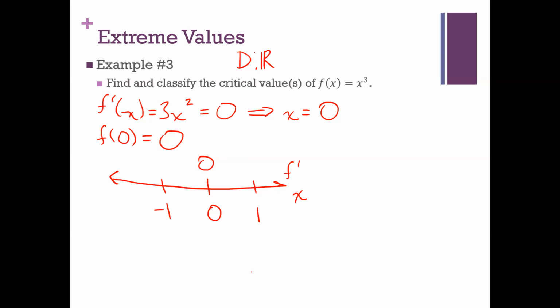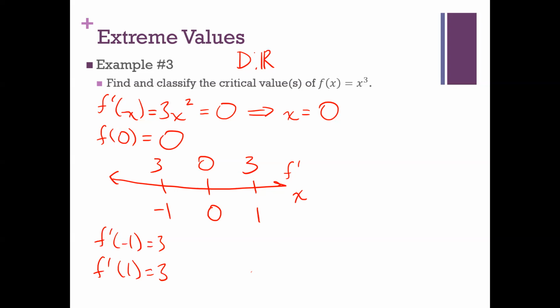What is f prime of -1? 3. What is f prime of +1? 3. So one thing I want to be clear about here is we know the derivative is equal to 0 when x is equal to 0, right? Are there any other places where the derivative could be equal to 0?